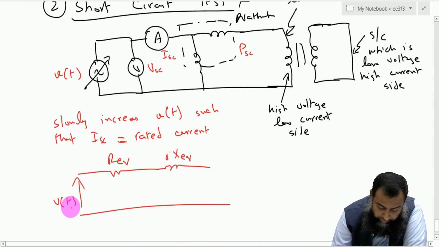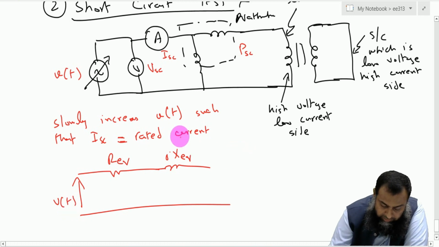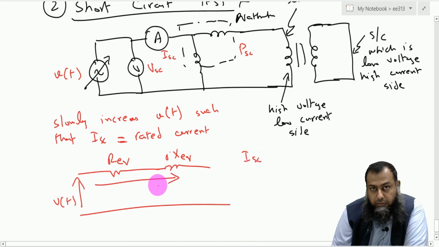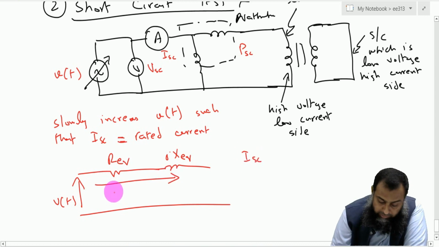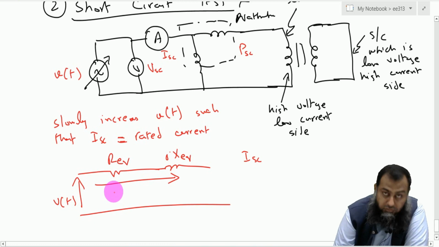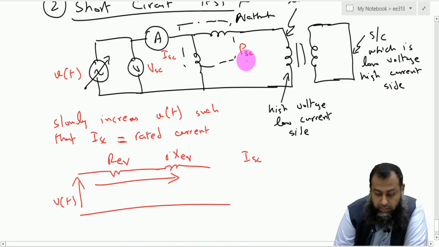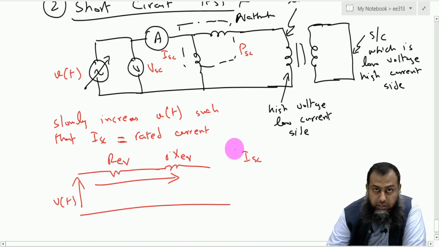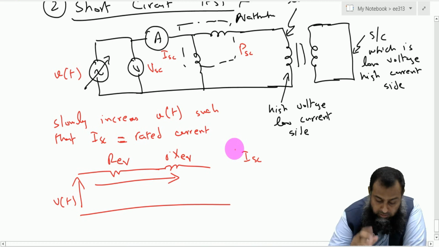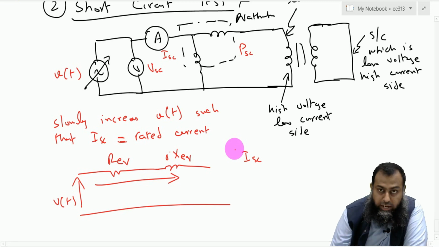So we can say that this current, which is this ISC, represents the current which is flowing through the windings of the transformer, and therefore by having the values of this voltage VSC, this current ISC, and this wattmeter rating PSC, we can actually establish the amount of the resistance and this jX equivalent.